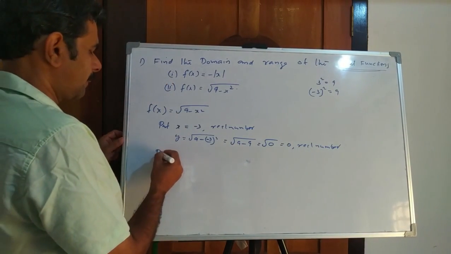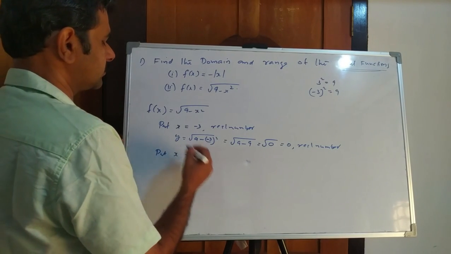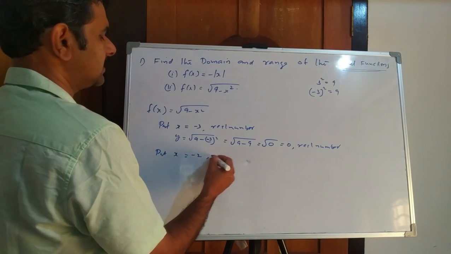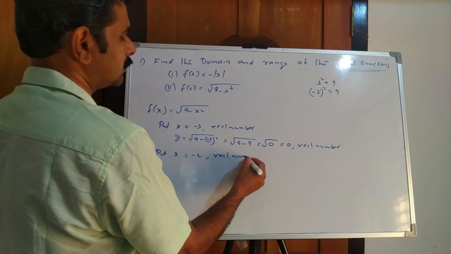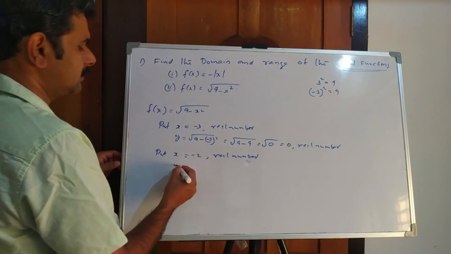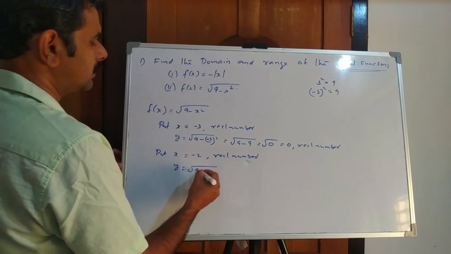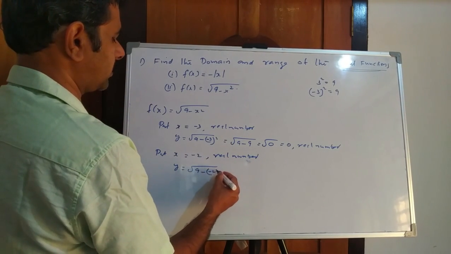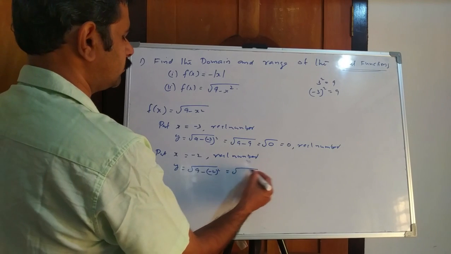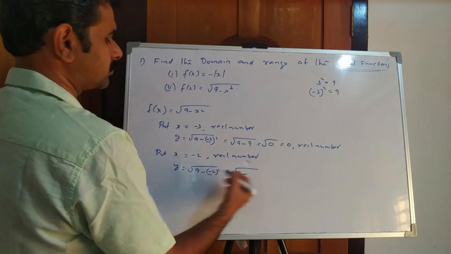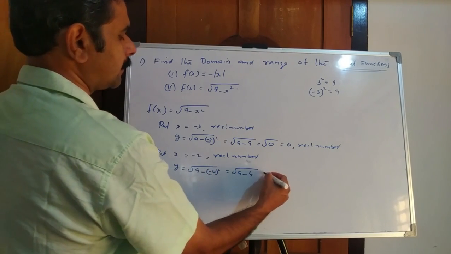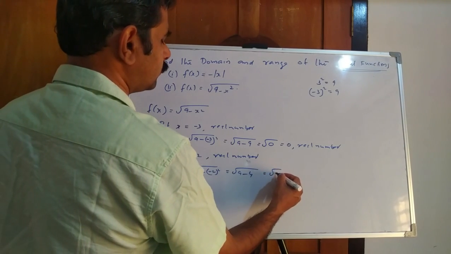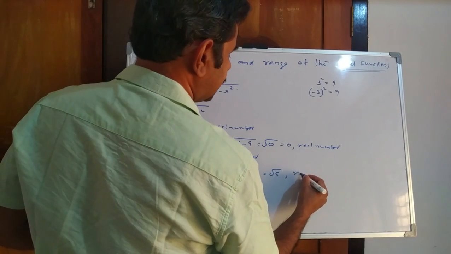Then put x is equal to minus 2. It is also a real number. Then y is equal to root of 9 minus 2 square, which means 9 minus 4. That is equal to root of 5.